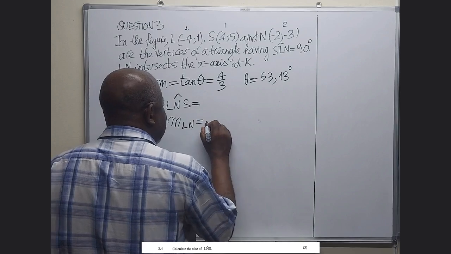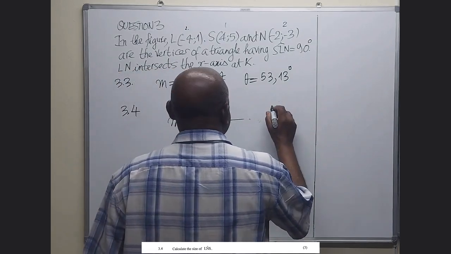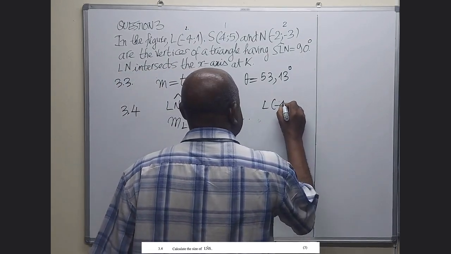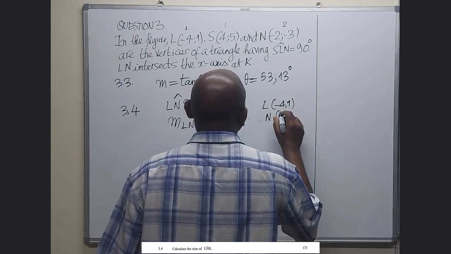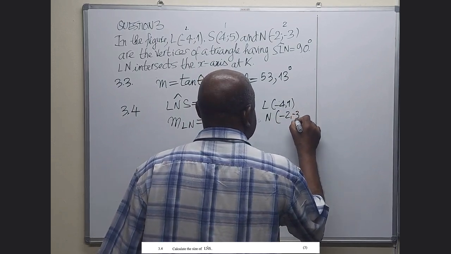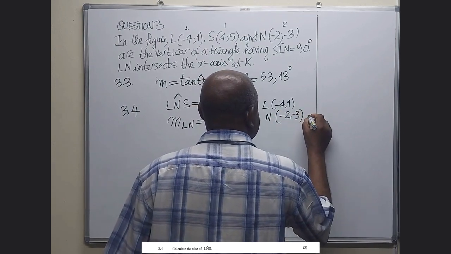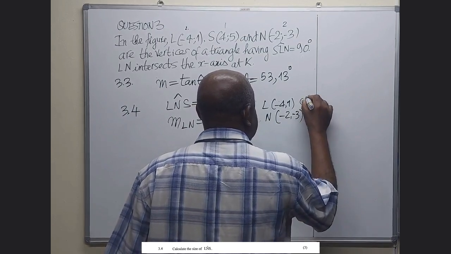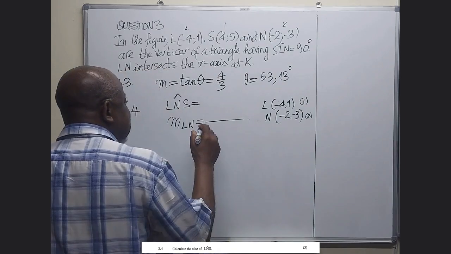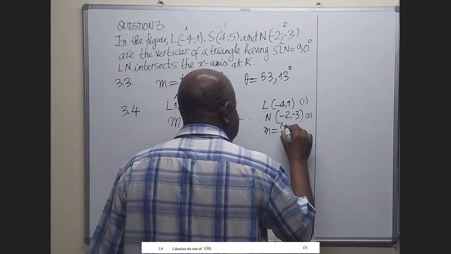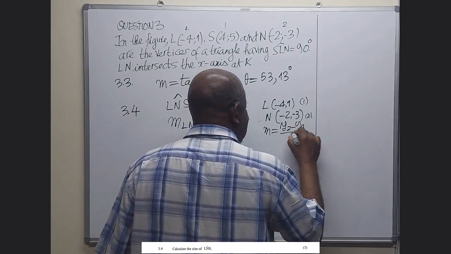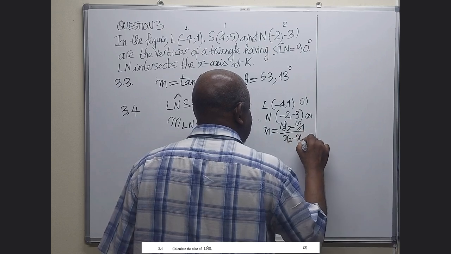Gradient of LN. The coordinate of L is (-4, 1), and the coordinate of N is (-2, -3). I'm going to consider N to be the second point, L the first point. The gradient will be the formula, let me remind the formula: y2 minus y1 over x2 minus x1.